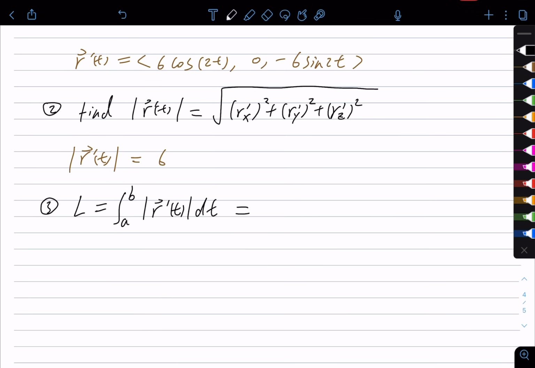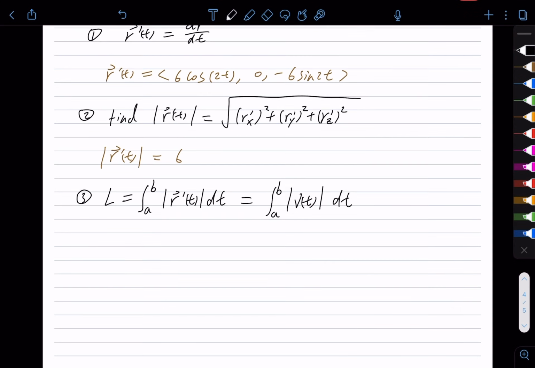Right, this equation is also equivalent to the magnitude of your velocity vector, v of t.